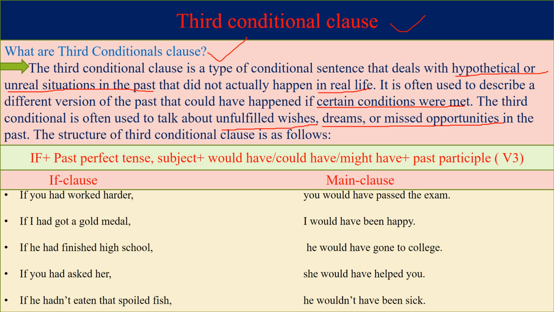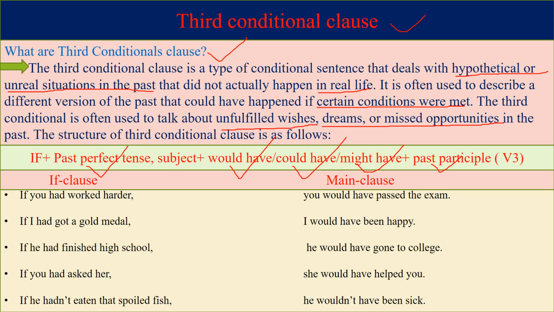The structure of the third conditional clause is as follows: if plus past perfect tense, comma, subject plus would have, could have, might have, plus past participle, verb 3, or the third form of the verb. So among would have, could have, might have, we have to use only one in the main clause according to the subject or the condition of the sentences.